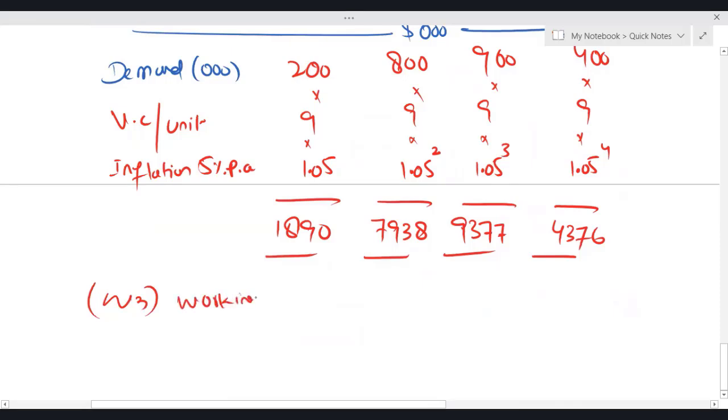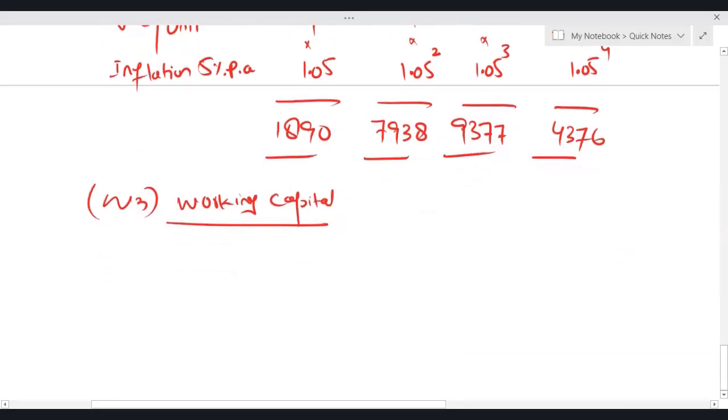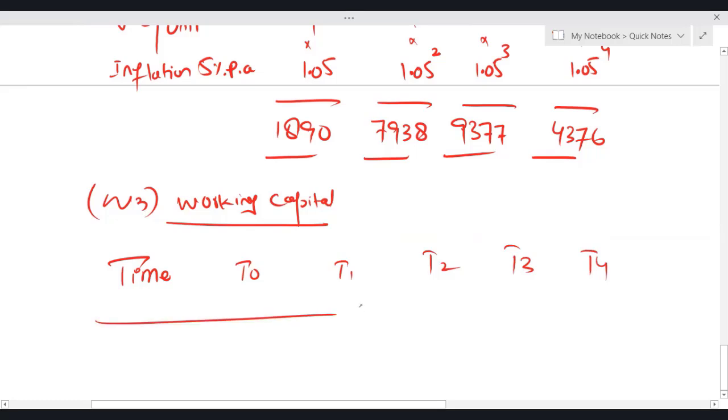Working capital. Basically, the time period of the project is 4 years. Now, please try to understand T0, T1, T2, T3, and T4. Again, we are ignoring obviously 3 zeros.